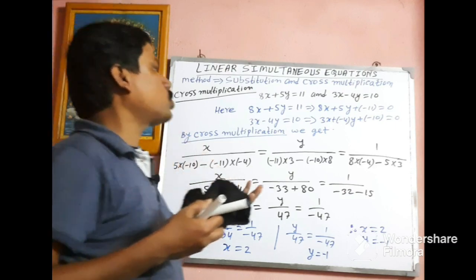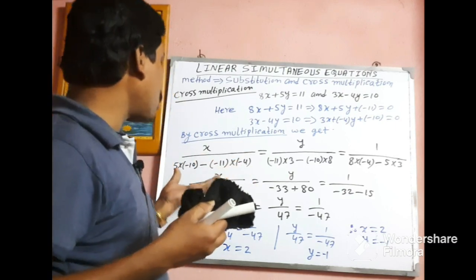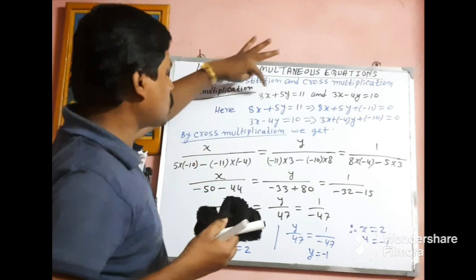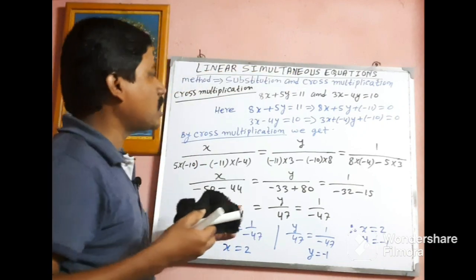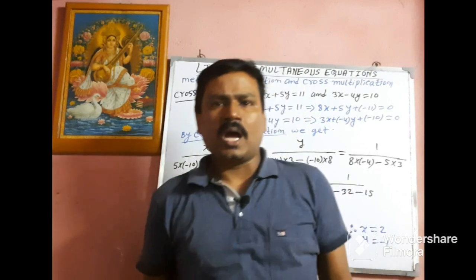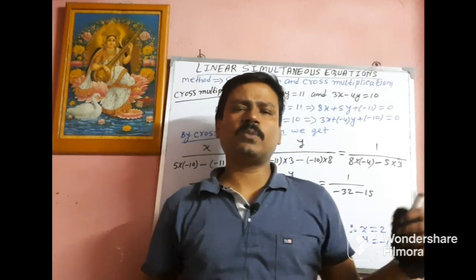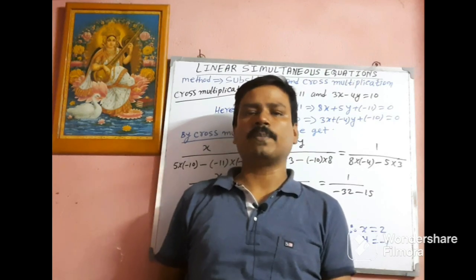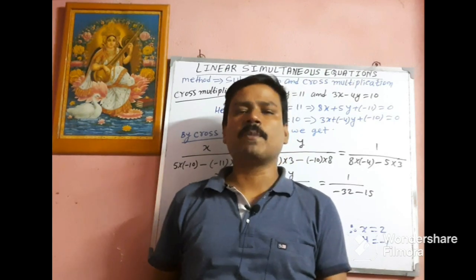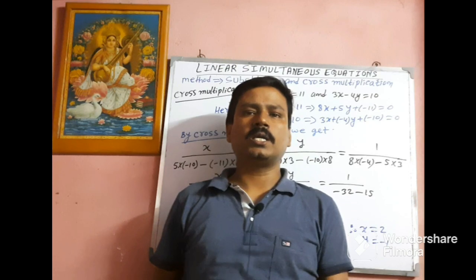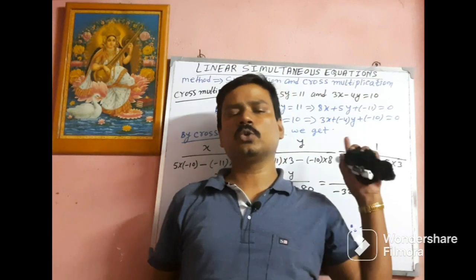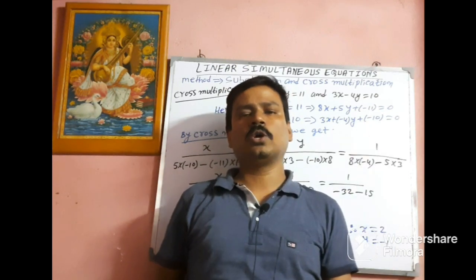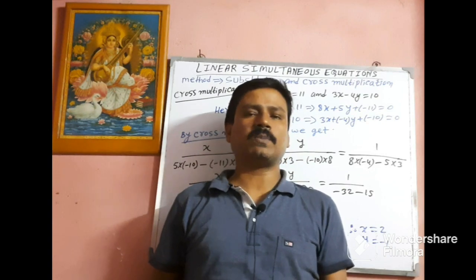So we can use this method, that is, the cross multiplication method, to solve linear simultaneous equations. I think this information enriches your knowledge about this chapter, linear simultaneous equations, and in future when you do this chapter, this video will help you to understand it better.